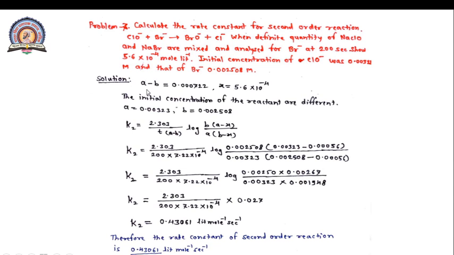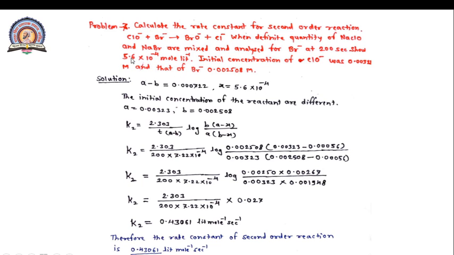This is the concentration of one reactant, and for the other reactant the concentration is different. To solve these problems, for A minus B, A means 0.00323 and B means 0.002508. Take these values and calculate the difference, that is 0.000722. X is 5.6 into 10 raised to minus 4.